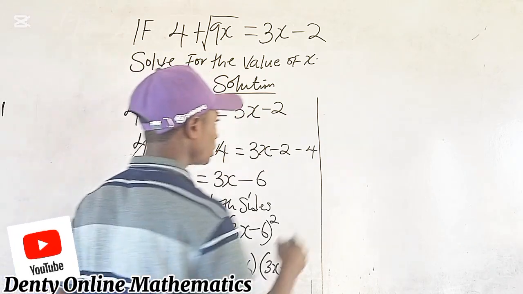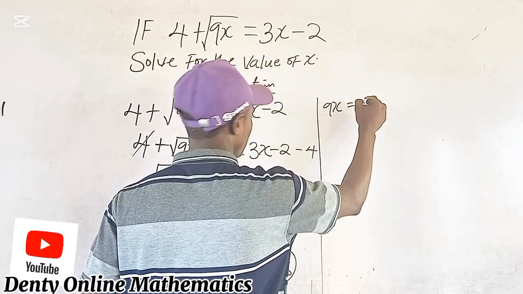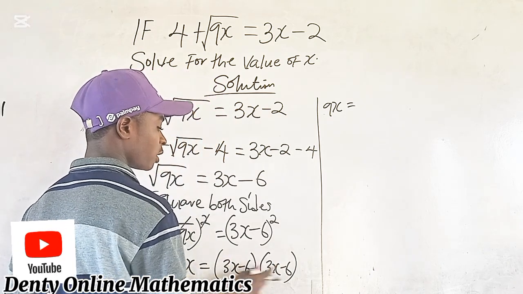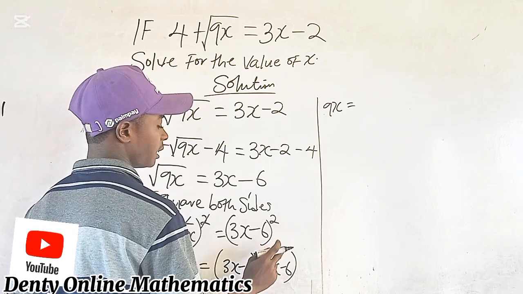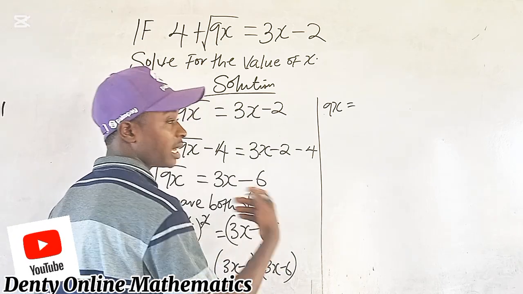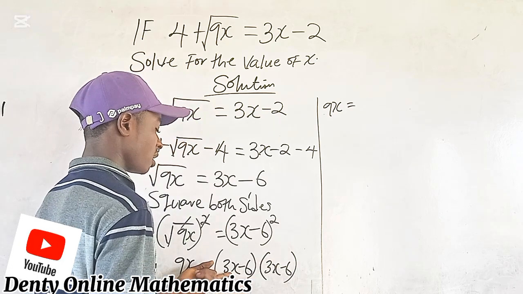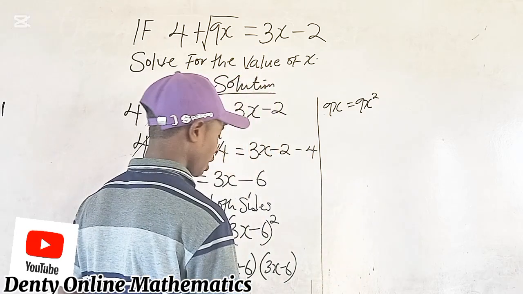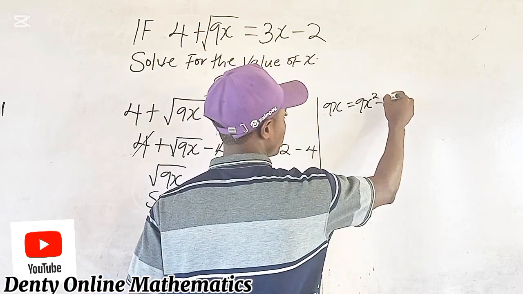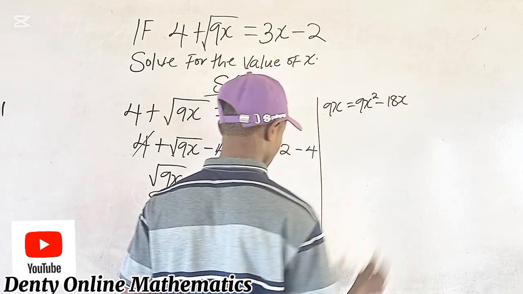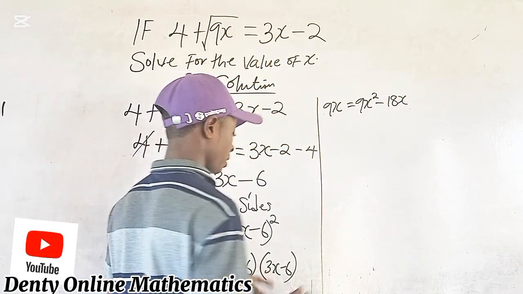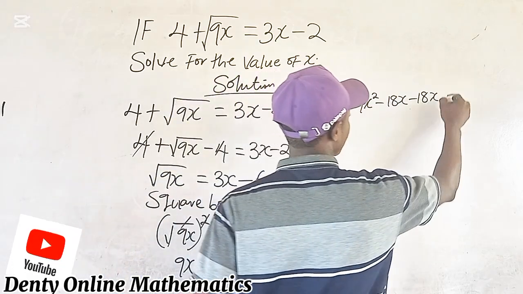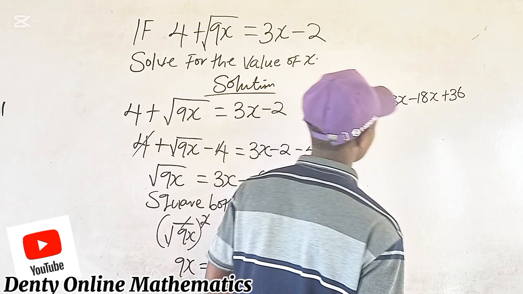Doing that, I have 9x equal to: first by first, 3x times 3x gives me 9x squared. 3x times minus 6 gives me minus 18x. Minus 6 times 3x gives me minus 18x. And then minus 6 times minus 6 gives me positive 36.